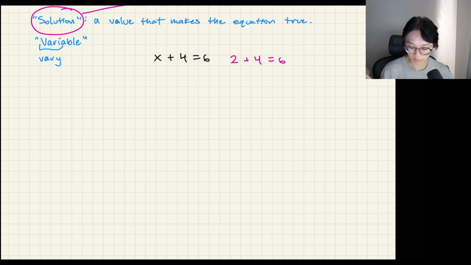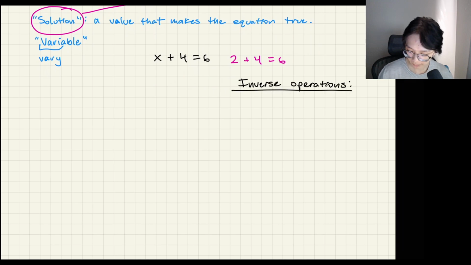The systematic way of doing it is using something called inverse operations. They are operations, or things that you do, that cancel each other out, that undo each other. For example, addition is the inverse operation, or the opposite, of subtraction. If you add something and you want to remove it or have 0, then you take it away.